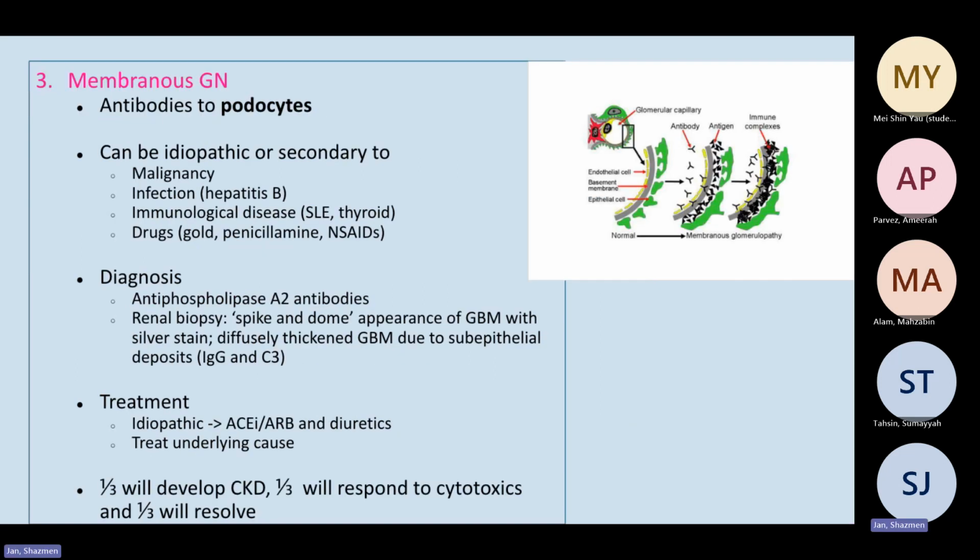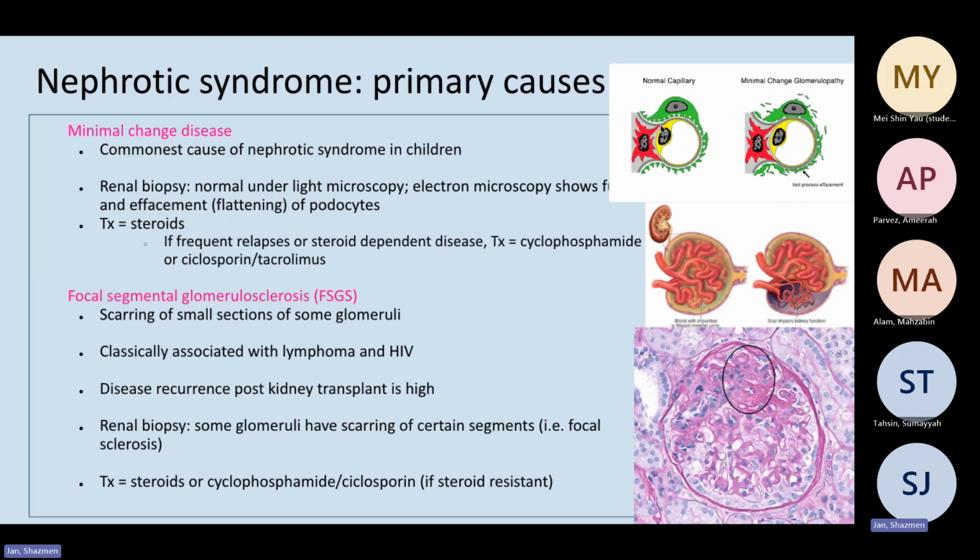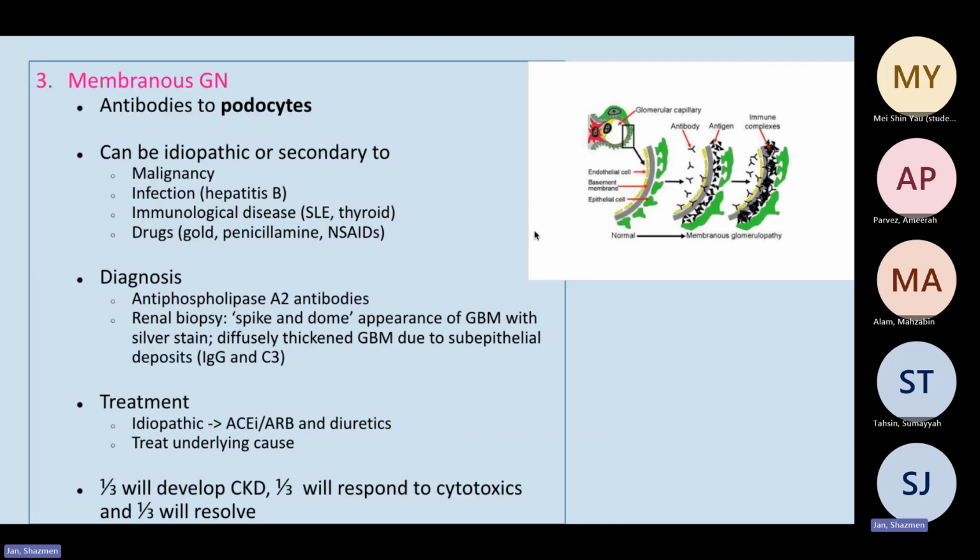And the third type of nephrotic syndrome is known as membranous glomerulonephropathy. This is where you have antibodies to podocytes, which are these things right here, which I was talking about. It's important to know that it's antibodies to podocytes because I'm going to later be talking about another condition where you have antibodies to the glomerular basement membrane itself.